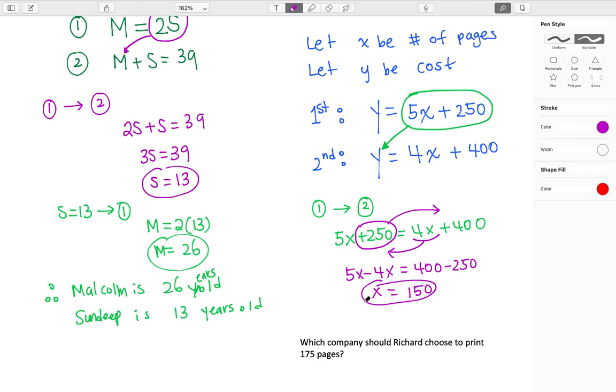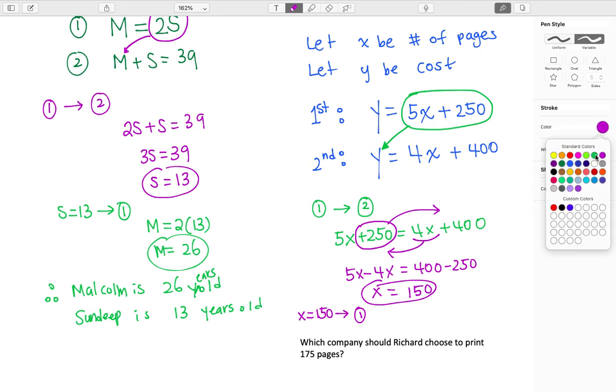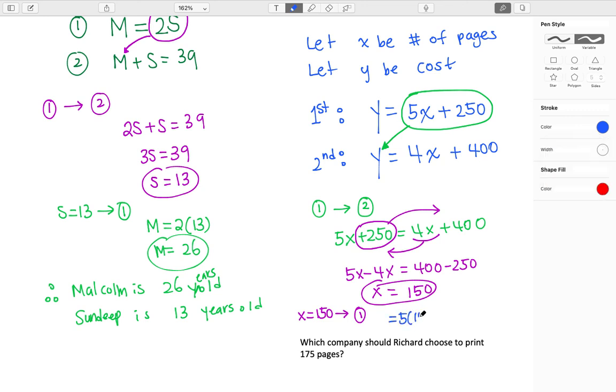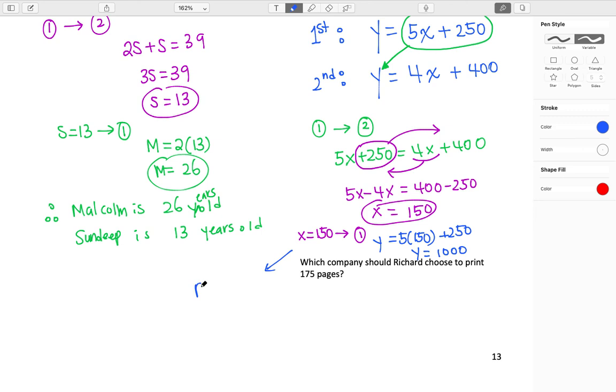So it looks like the point of intersection is going to be at 150 pages. Now, to figure out the cost y, I'm going to plug x equals 150 into equation 1 or 2, doesn't matter. When I do, it's going to be 5 times 150 plus 250. Y is equal to 1,000. Therefore, the point of intersection is (150, 1,000).